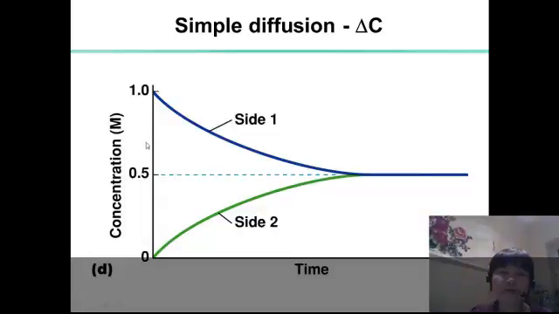Concentration can be expressed in molar or millimolar, and the difference in concentration is called delta C. That delta means the difference, and this difference we also call the concentration gradient, which is a very important concept in membrane transport.